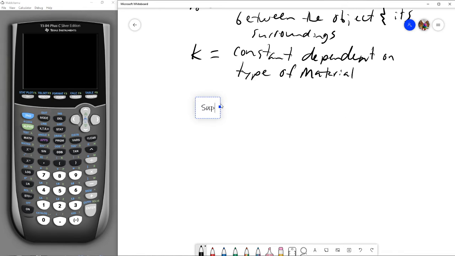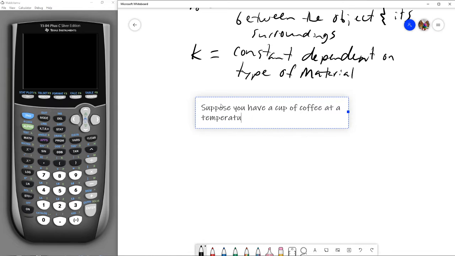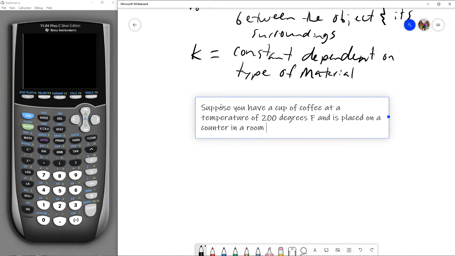So suppose you have a cup of coffee at a temperature of about, let's just say, 200 degrees Fahrenheit, and is placed on a counter in a room at a temperature of about 71 degrees Fahrenheit.